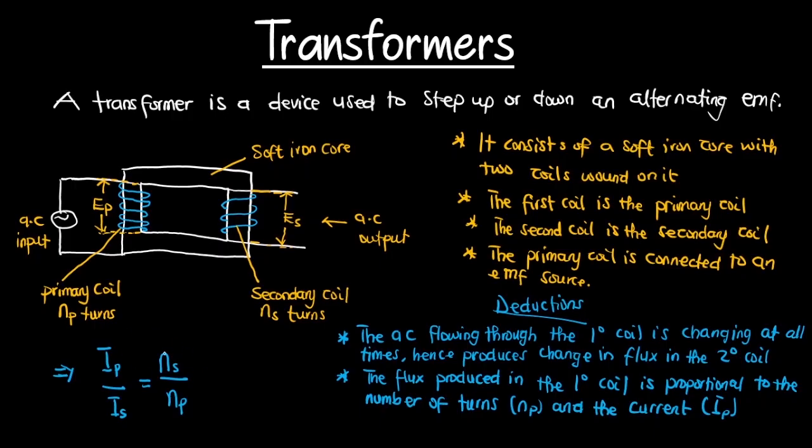Now this is inversely proportional, which means the current flowing through the primary coil is inversely proportional to the number of turns of the coil, and the same thing, the current flowing through the secondary coil is also inversely proportional to the number of turns on the secondary coil.